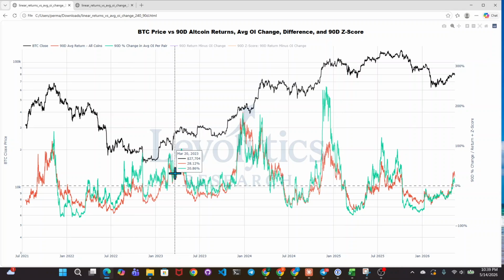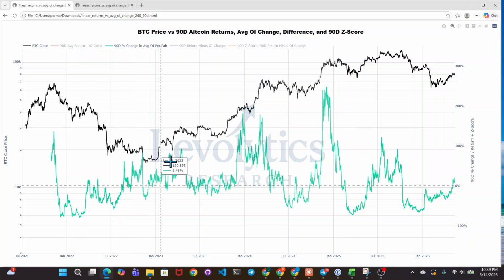That would be the dollar value of open interest. So this green line here, I'll hide the red line for a second. This green line here shows the 90-day percentage change in the dollar value of altcoin open interest, right? So that's just something to keep in mind, right? And the two things that drive the dollar value of altcoin open interest, right, are price and the number of open contracts, right? So those are the two things to keep in mind, right?